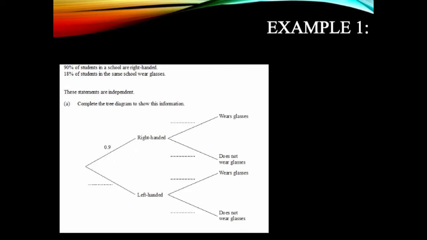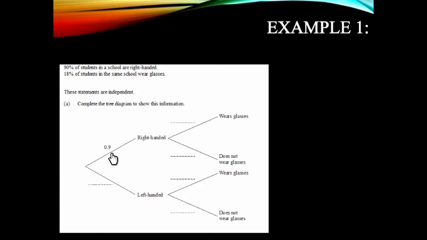There are only two branches, so people would have been asked, are they more left or more right? Okay, so we haven't got any other choice, it's just left-handed or right-handed. And when we've only got two things, these two branches here, they're the only two options that there are. These two branches are always going to add up to 1.